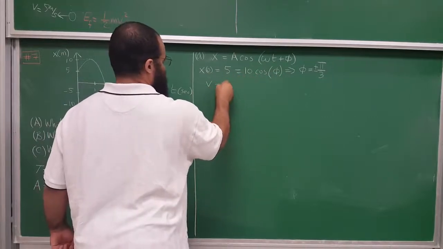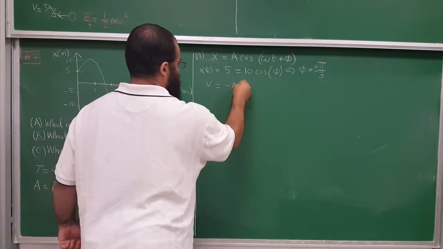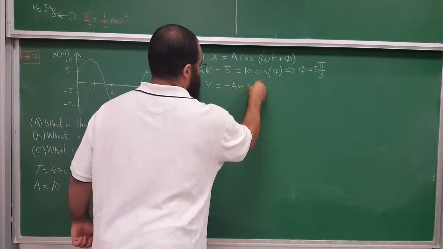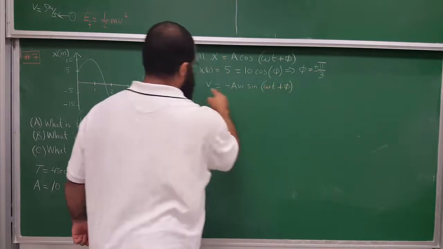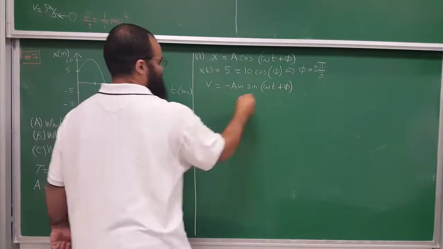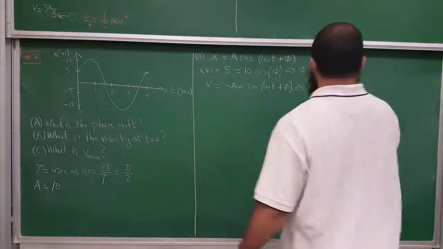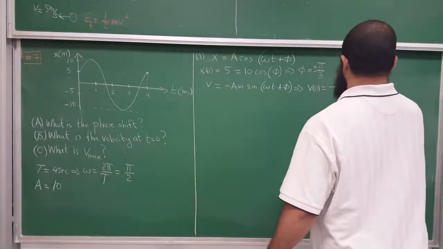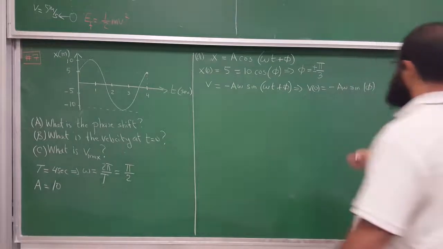The velocity itself is the derivative of the position, so it's negative a omega sine of omega times t plus phi. Let me see what the velocity is at time t equal to 0. The velocity at t equal to 0 will be negative a times omega times the sine of phi, like so.